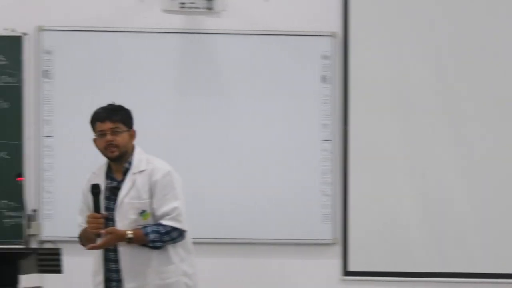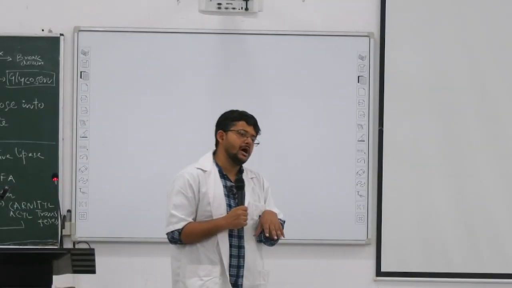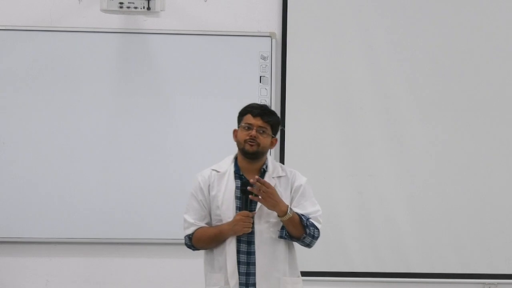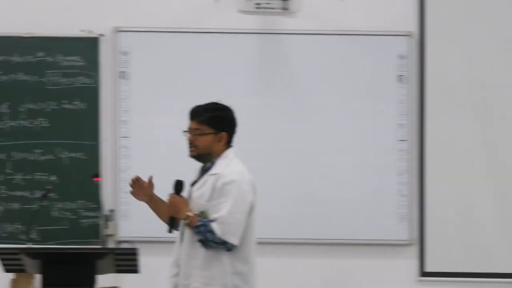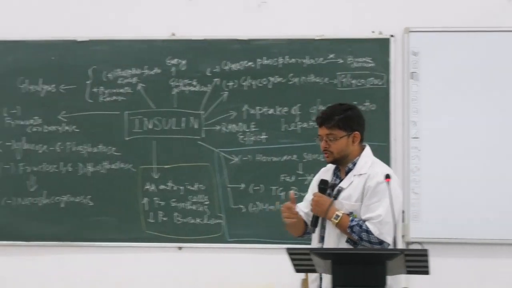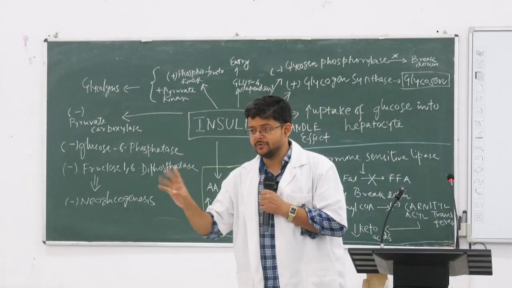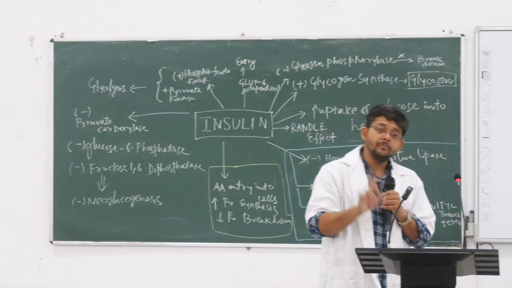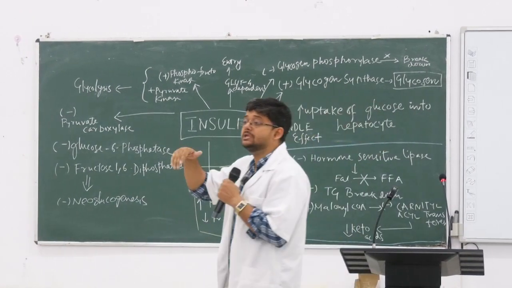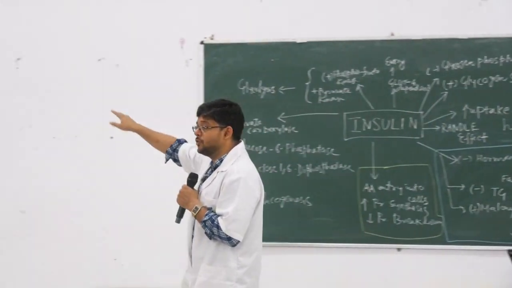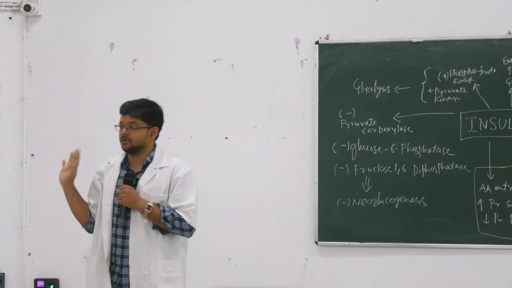So overall reduction of glucose in blood. This can be achieved by a number of factors. Insulin may stop glucose exit into blood. That might be one thing. Insulin may convert glucose into something else and store it somewhere else. That can be another option.